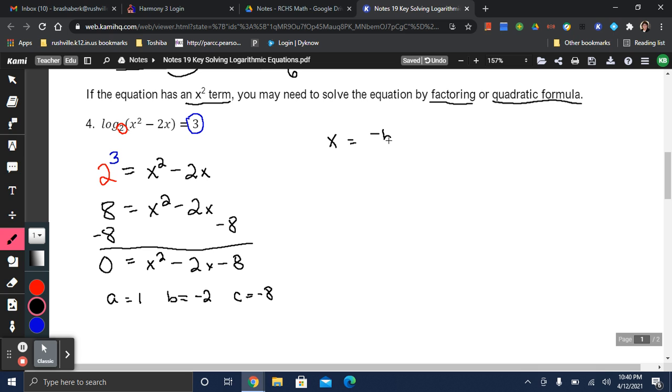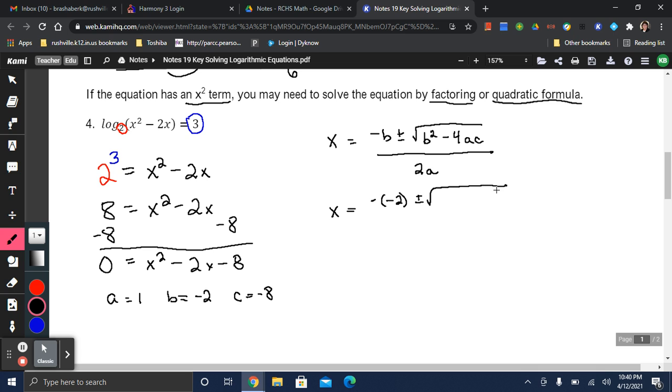Your formula, x equals -b, plus or minus, inside your square root, you have b squared minus 4ac, and the denominator is 2a. So that would be x equals negative of -2 plus or minus the square root.